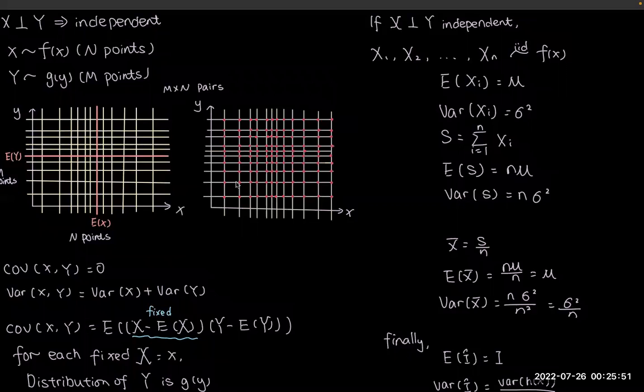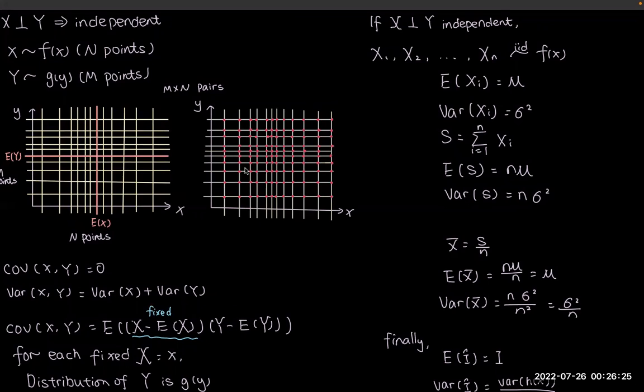So those can be considered as the population of xy, where x follows a density f of x, and y follows another density g of y. So f of x is a mathematical description of a population of capital M points, and g of y is a mathematical description of a population of N points on the y-axis, and both M and N are effectively infinite, and then you have M times N pairs, and those are the points.